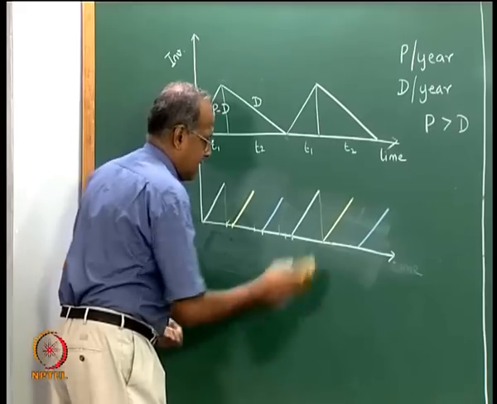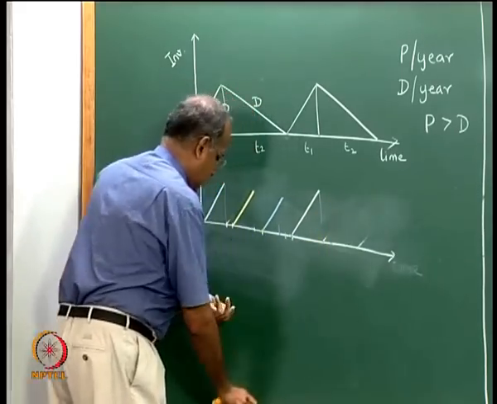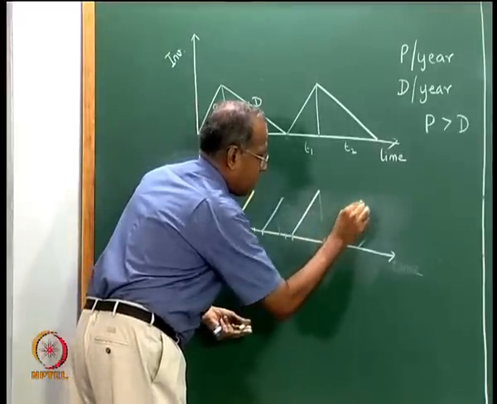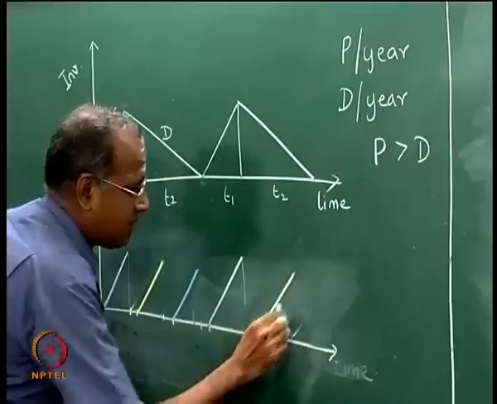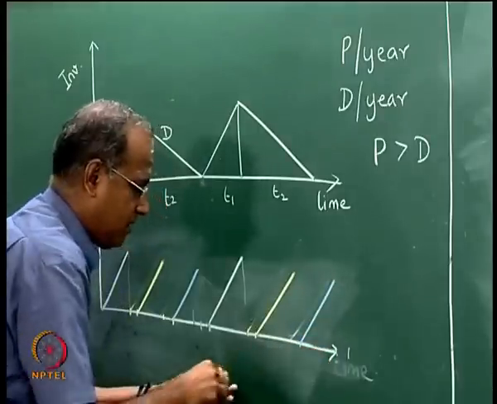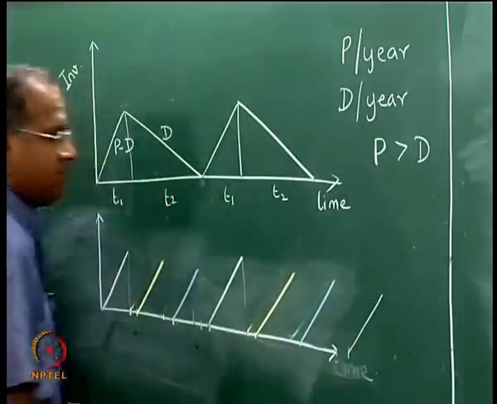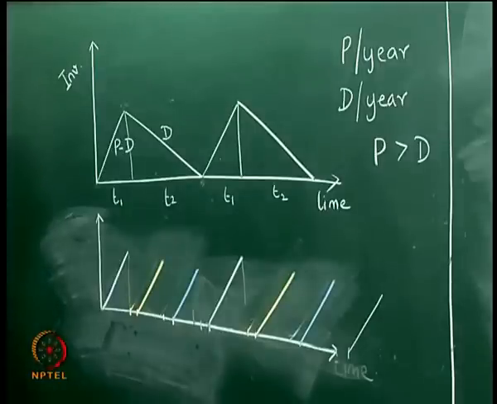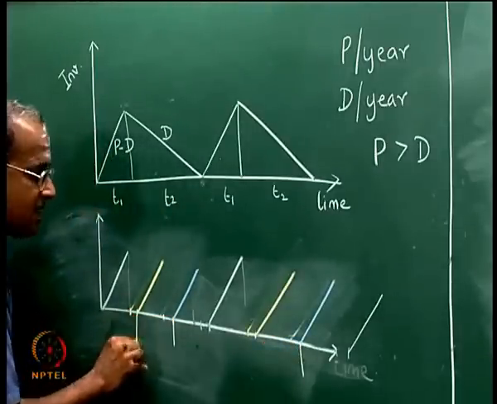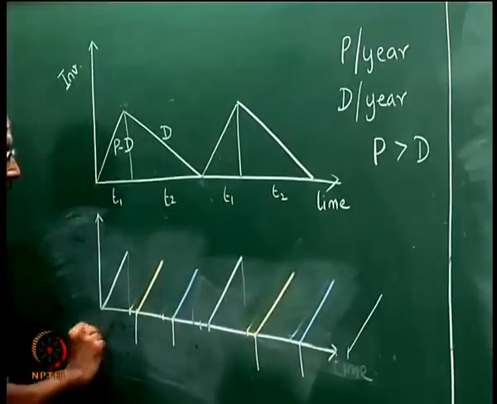We have to draw this thing again a little more clearly. So there is a small time which is there, and then the yellow, and then there is some time here, and then the blue, and then there is some more time here, and then the white.